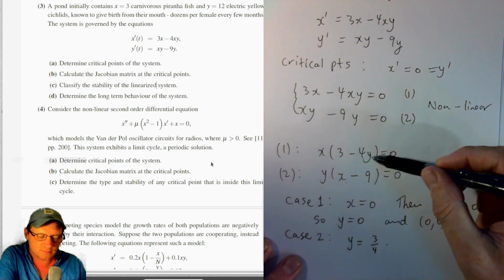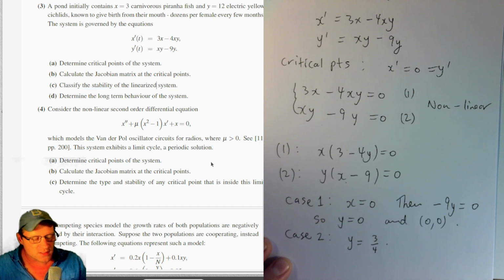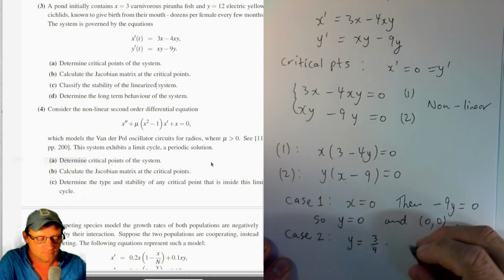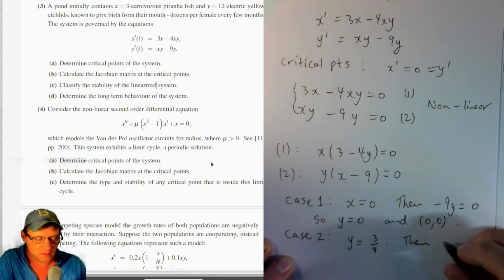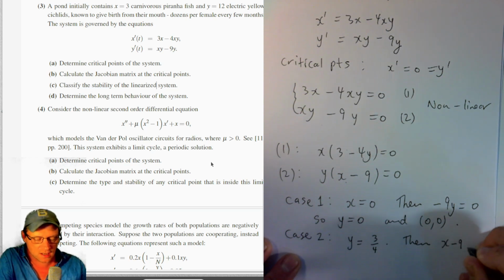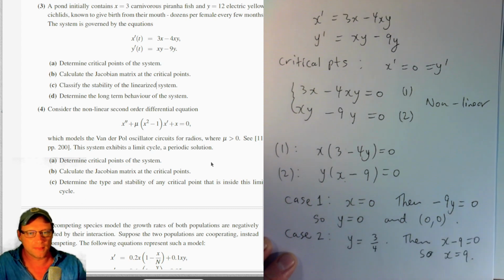Okay, from this being equal to 0. So if y is equal to 3/4, then we must have x minus 9 equal to 0. So x would have to be equal to 9.